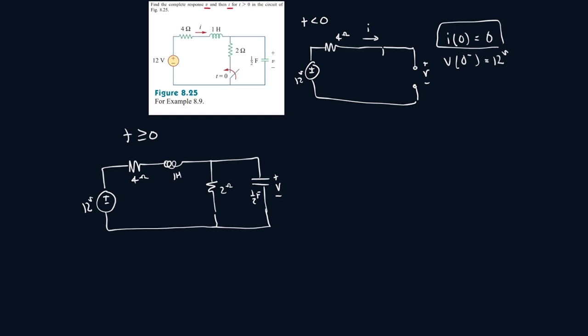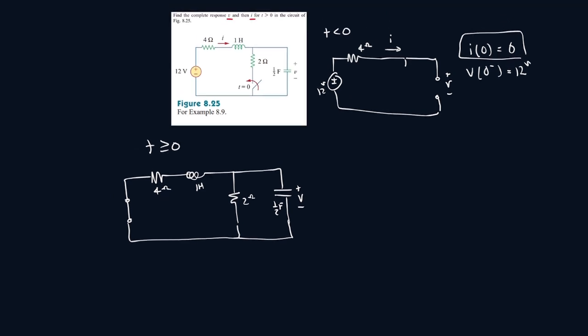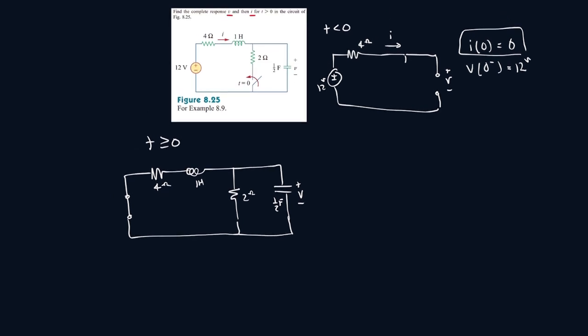Now what we're going to do is view the transient response of the circuit. So pretty much we just ignore the source here. What we're trying to find right now is V of t, and V of t is going to be equal to the transient voltage plus the steady state voltage.